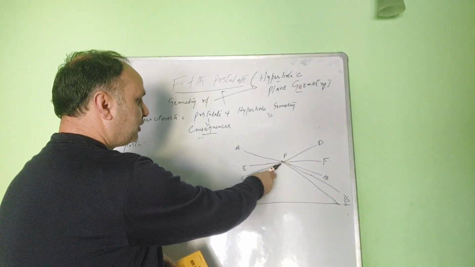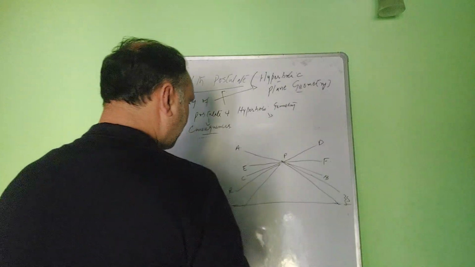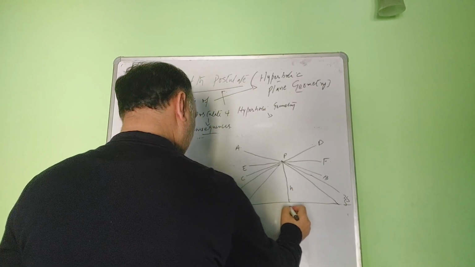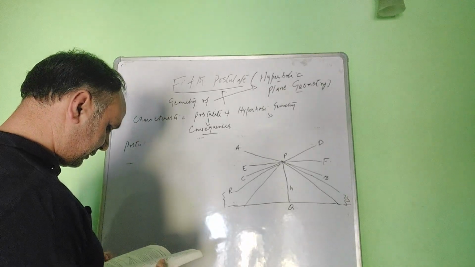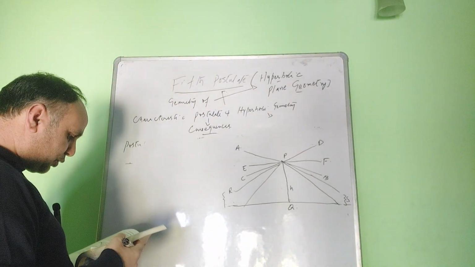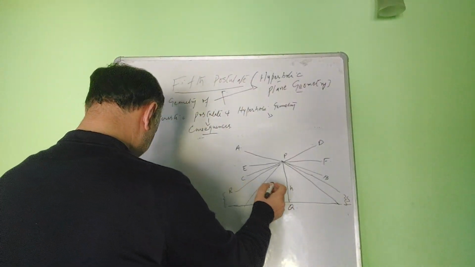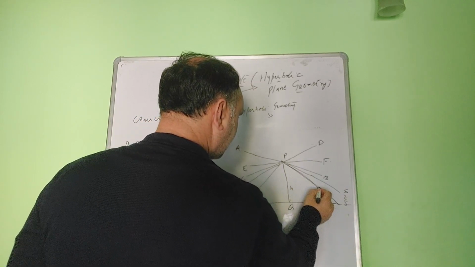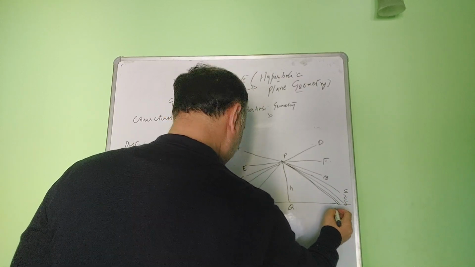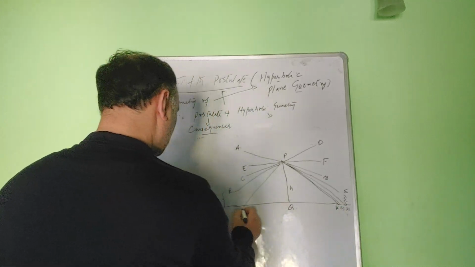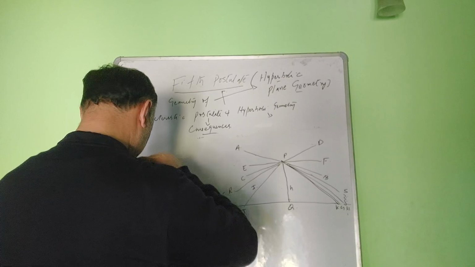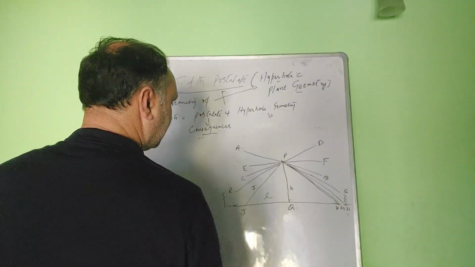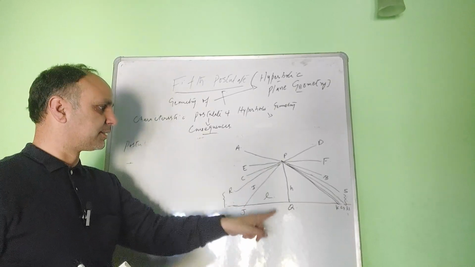From this point you can have height H and point Q. You can have other lines like K, G, H, and I. These are different points, and this is line L on which we are having this construction.